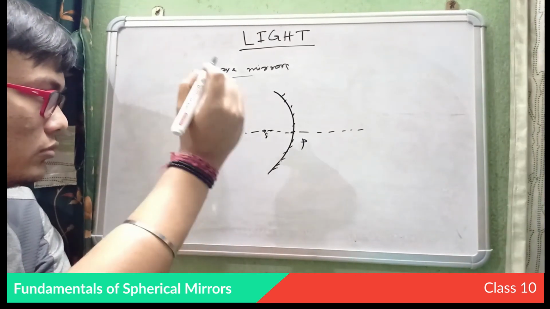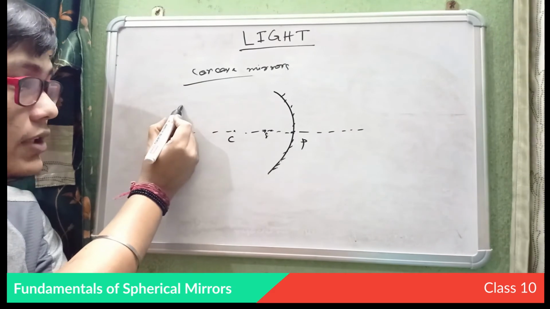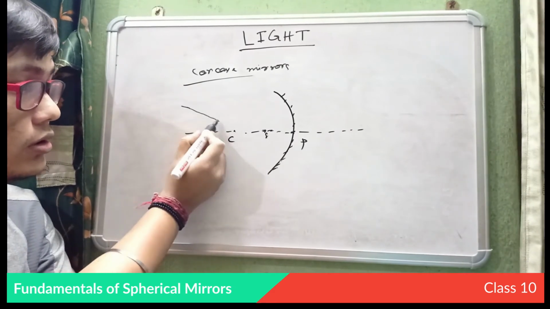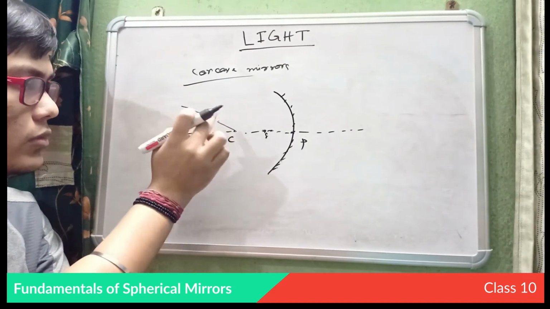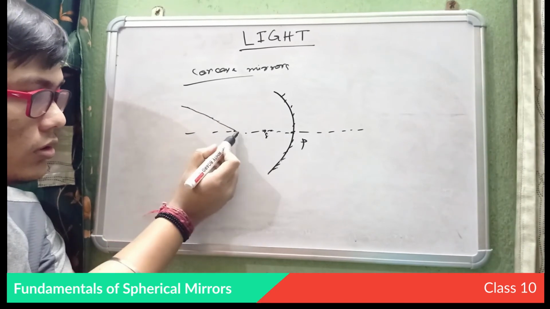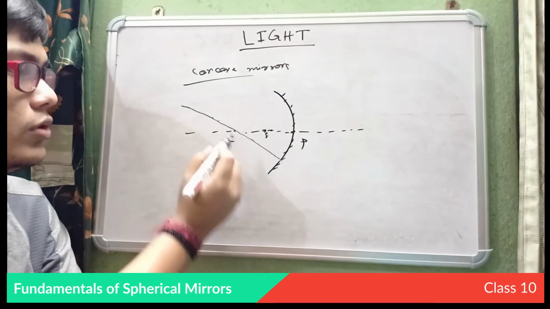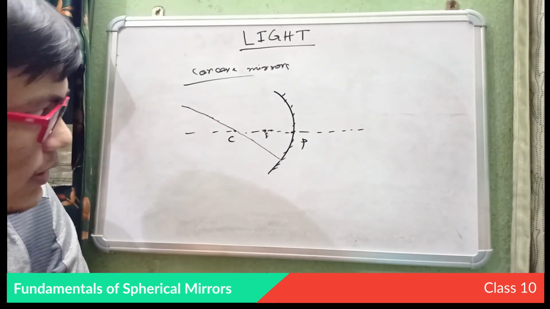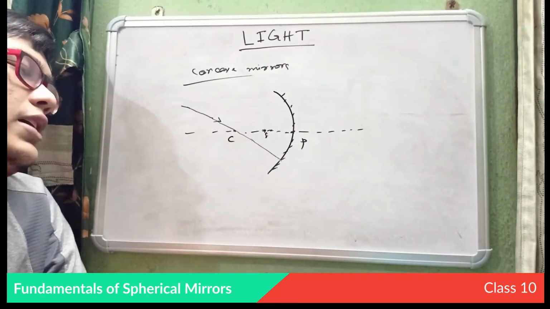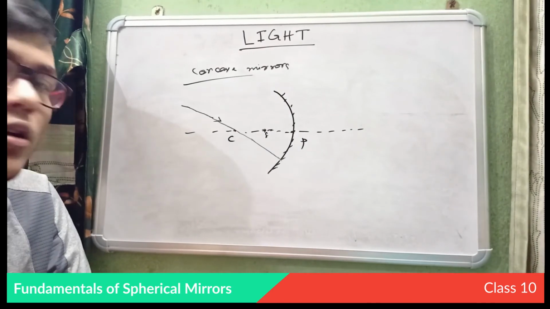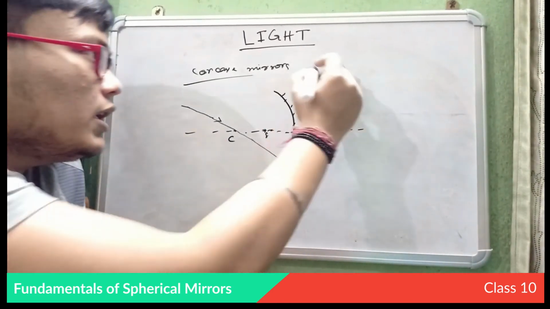Now if the incident ray directly passes through the center of curvature, in this scenario the incident ray is directly passing through the center of curvature. This is scenario number 3.